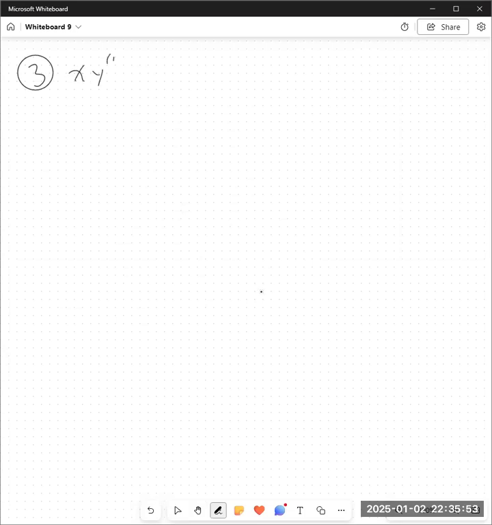x y double prime plus y prime equals 0. I can multiply through by an x without changing anything to make this Cauchy-Euler. I don't want x to be 0 in this, so that's great.